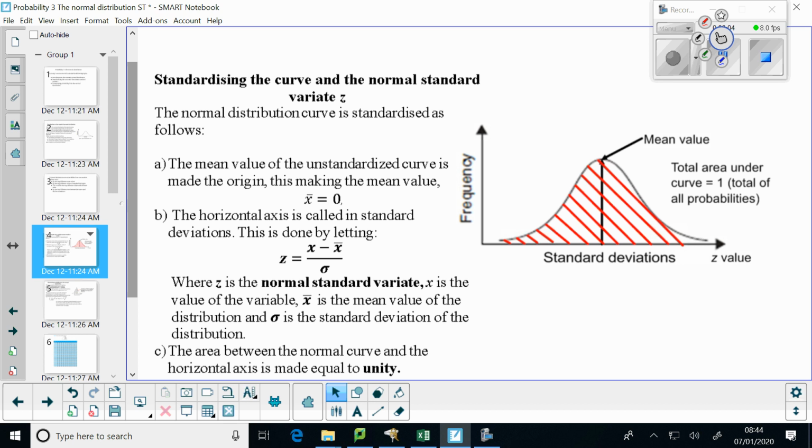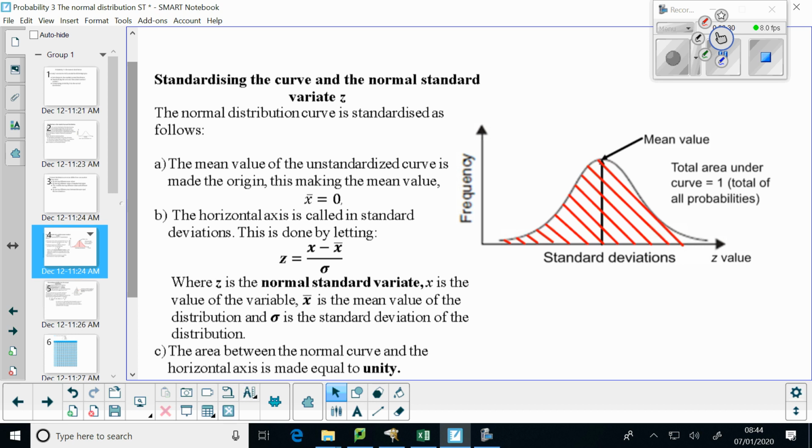So the mean value is the peak, try not to say the middle because they can skew one side or the other sometimes. Okay, the mean value is the value up the middle.